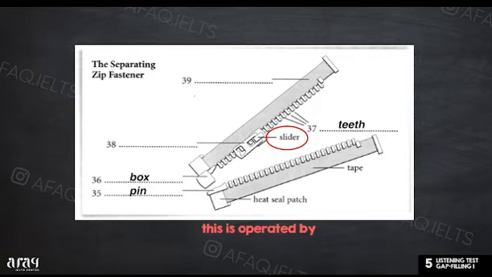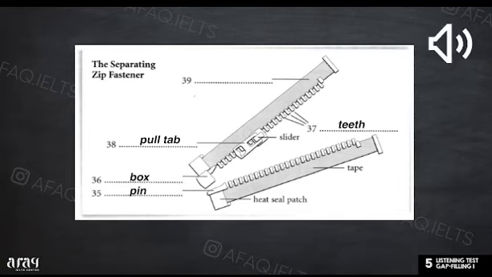Also, the phrase up and down helps you to know that the answer is there, as the word pull tab. If you pay attention to the audio, you remember it just said that moving up and down the teeth to open and close the zip, so this is operated by means of a pull tab. So that's the answer.